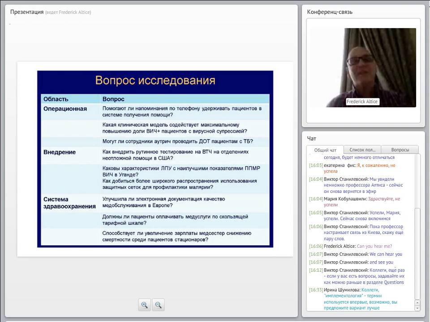From a health system perspective, one of the things that is coming to bear is, for instance, have electronic health records improved the health care of patients in Europe? It's the idea that a patient may have multiple providers. They may go to see the liver doctor for their hepatitis C, the TB doctor for their TB, and the HIV doctor for their HIV.